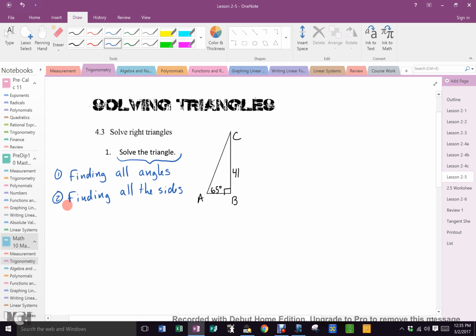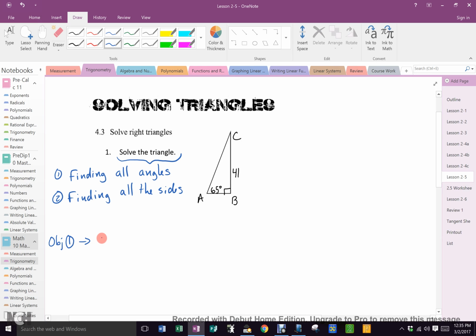What math tools do we have to find angles in a triangle? You have 2. So to accomplish objective 1, finding angles, what are the 2 ways you have that find angles? Your calculator does one and your brain does the other. What on your calculator allows you to get an angle value?